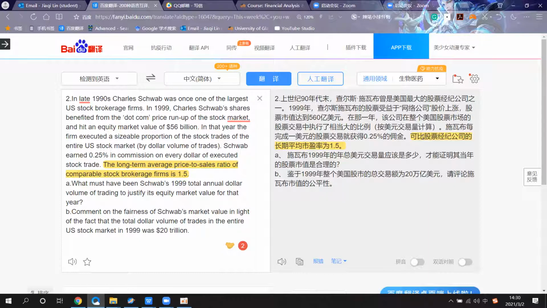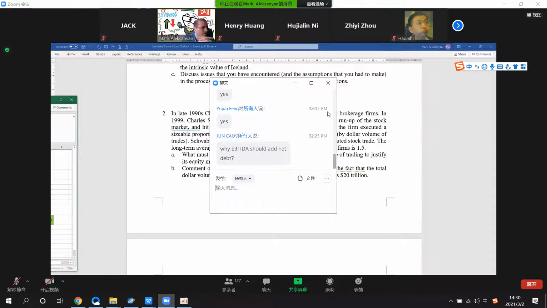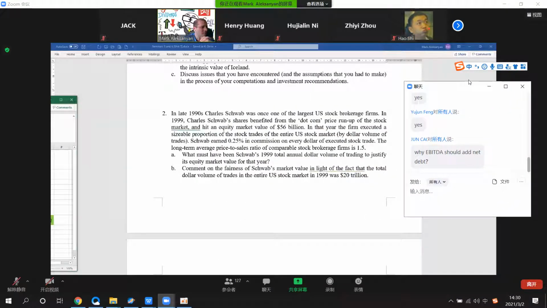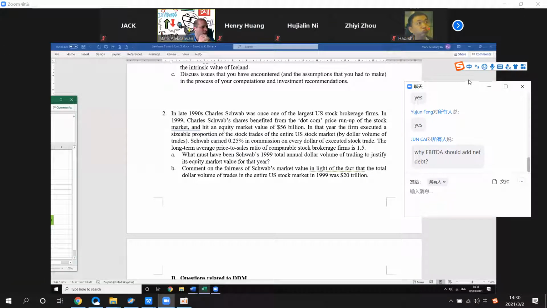So it's not just the earnings attributable to equity providers, but also the providers of debt. So your denominator shows value created for the providers of all types of capital, the entire enterprise. So should be your numerator. That's why you add debt to the market value of equity in the numerator.